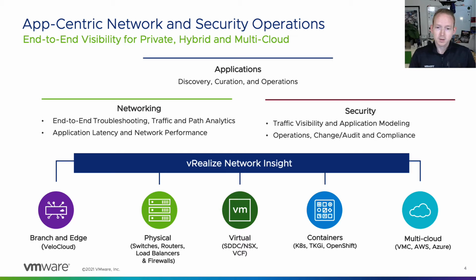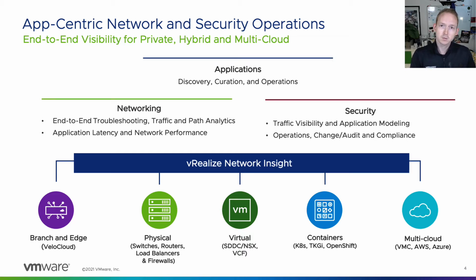It looks at networking and security as separate parts, because you can use networking troubleshooting or security planning within vRealize. But that also bubbles up into the application level. It looks at an application that is running on your entire environment, whether that be a virtual server, a physical server, or a cloud server, it doesn't matter.